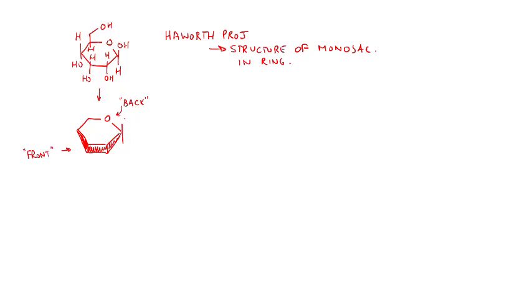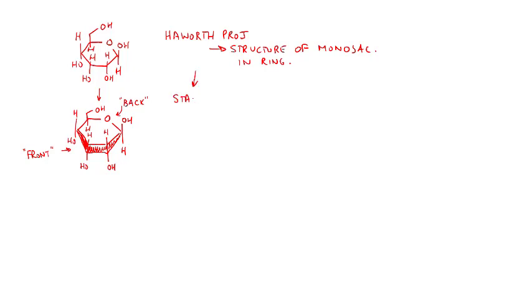And then all the other substituents are above or below the plane of the ring, which is a bit of an oversimplification because this thing isn't flat. It's not aromatic or anything like that. But that gives you an idea of how the whole thing is configured. So that's what we would call a Haworth structural formula.